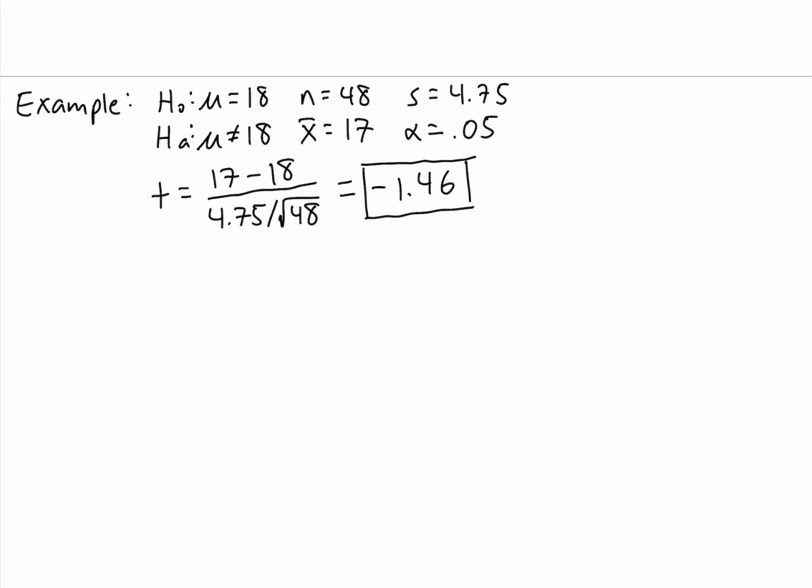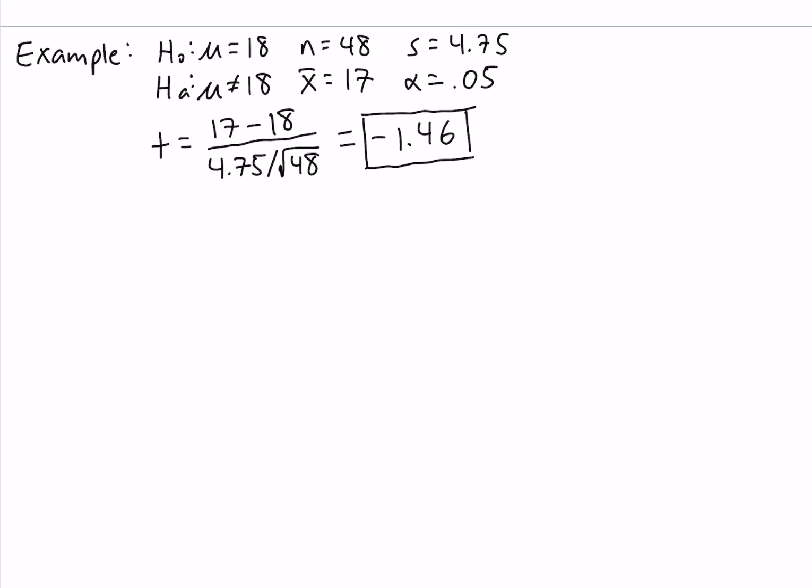So let's calculate the p-value here. Our test statistic from the sample is negative 1.46, and our test statistic follows a t-distribution with n minus 1 degrees of freedom.